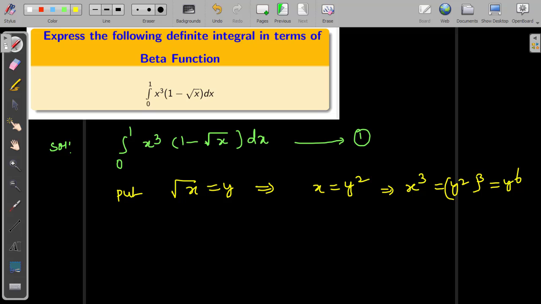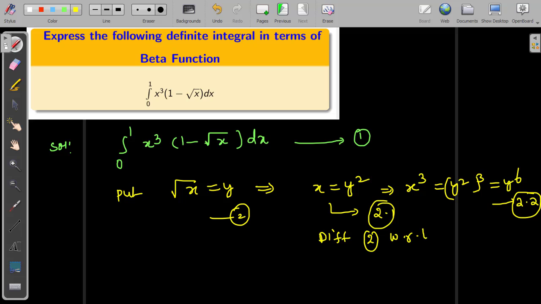Let us suppose this is equation number 2.1, and this is 2.2, which we will use later on. Now differentiate equation number 2 with respect to x on both sides. LHS gives dx, RHS, the derivative of y square is 2y times dy. Let us mark this as equation number 3.